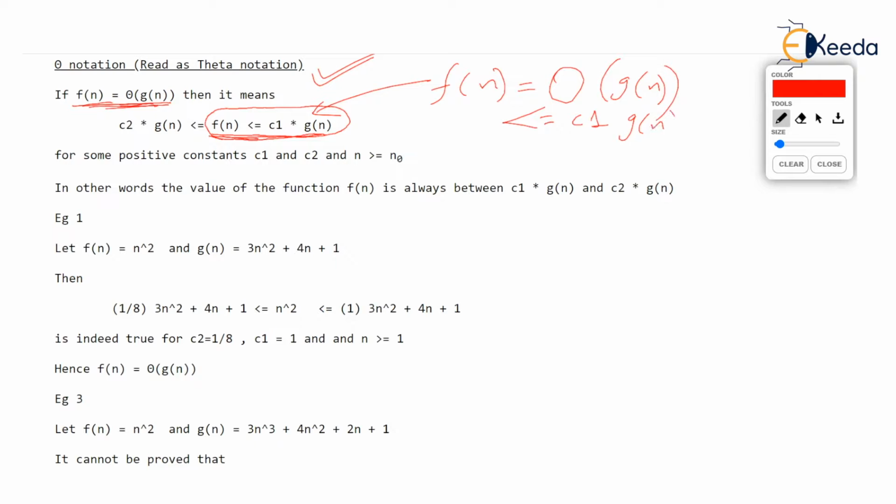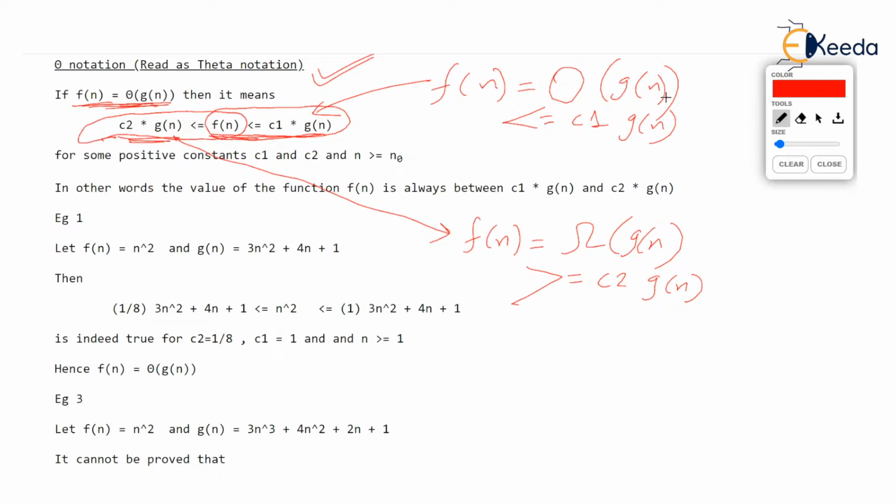And what's the other part? The other part is Fn, check what I am marking, Fn is greater than or equal to C2 times Gn, isn't it? You watch, if it is written like this, then this means Fn is omega of Gn, because we are claiming that Fn is greater than or equal to C2 times Gn.